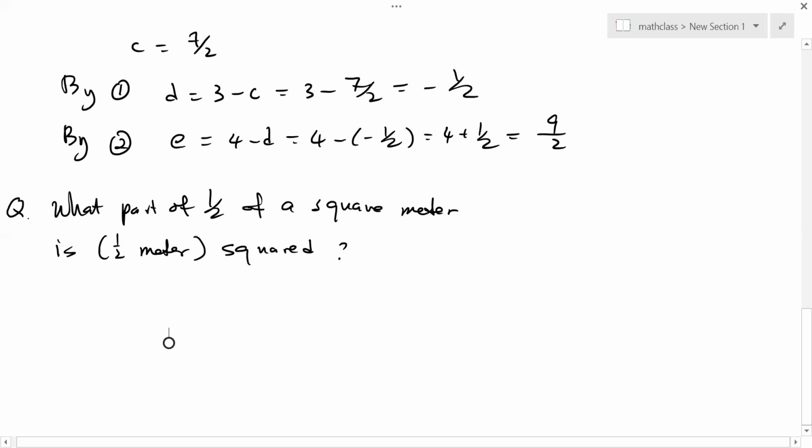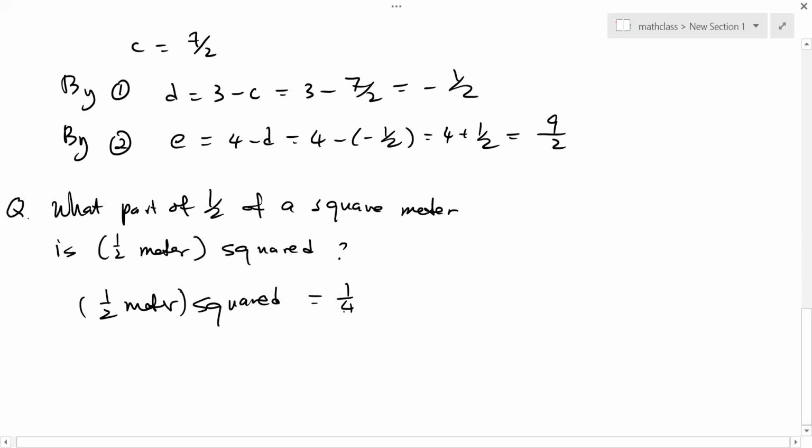Okay. So 1/2 of a square meter is half, 1/2. Half squared is a quarter. So no, opposite way. Okay. Half meter squared is going to be a quarter.